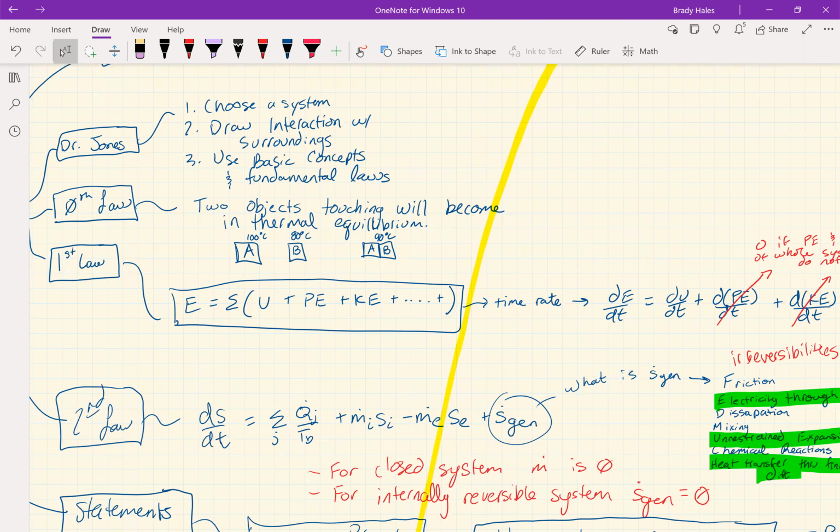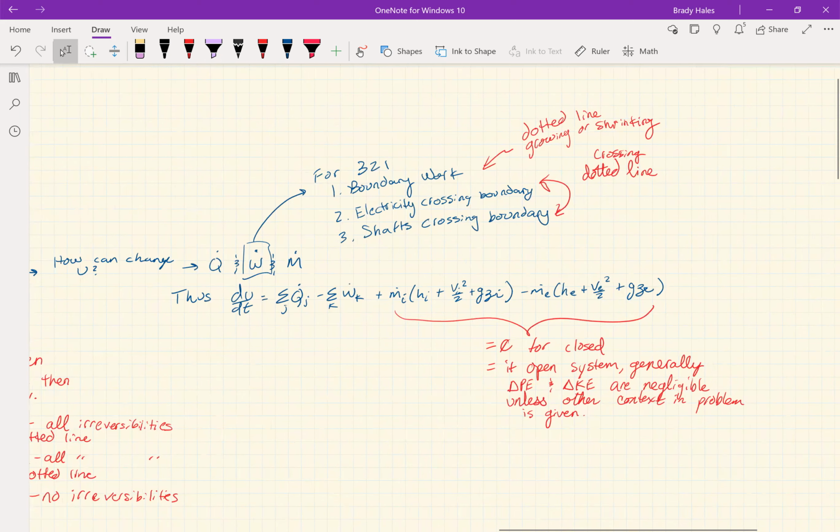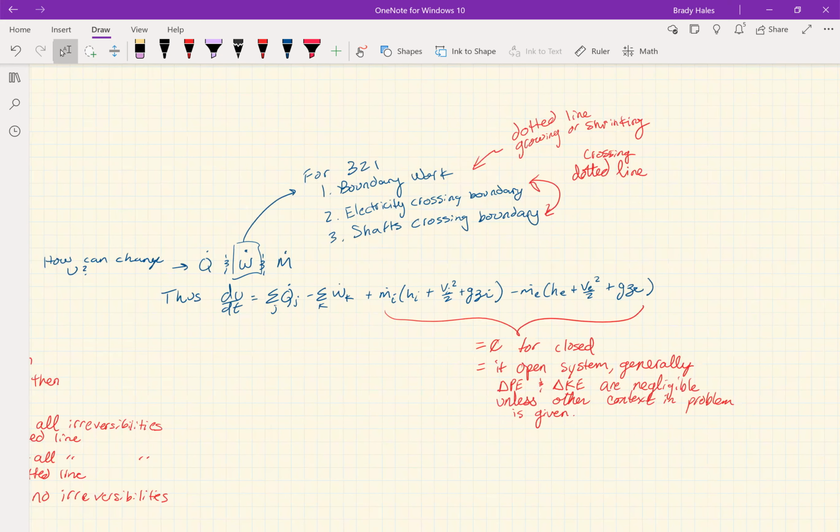So choose a system, draw the interactions, use basic concepts and fundamental laws. I promise that you'll be able to convince Dr. Jones you earn more points by doing that. Okay, first law. We went through the derivation, but essentially this is the full form of the first law, right?